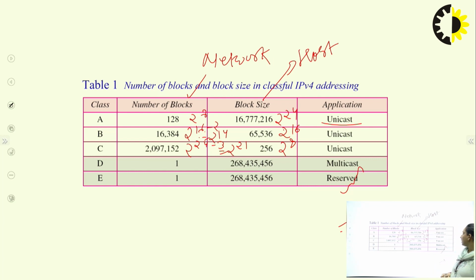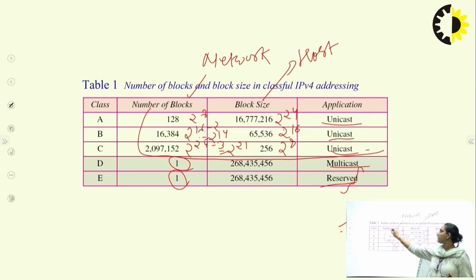This is unicast, and this is also unicast. D and E are reserved or multicast. If we want to use them for army or defense purposes, we use D and E, but in our daily life, we use only A, B and C.